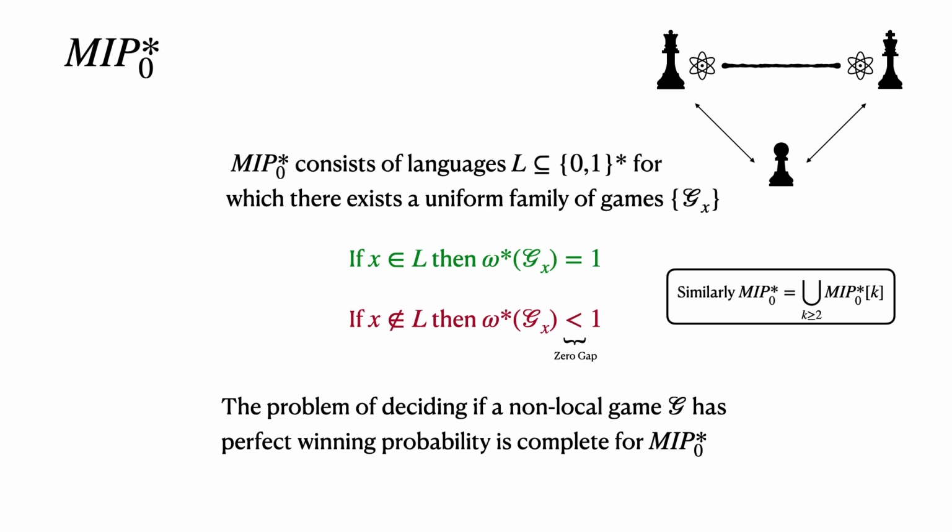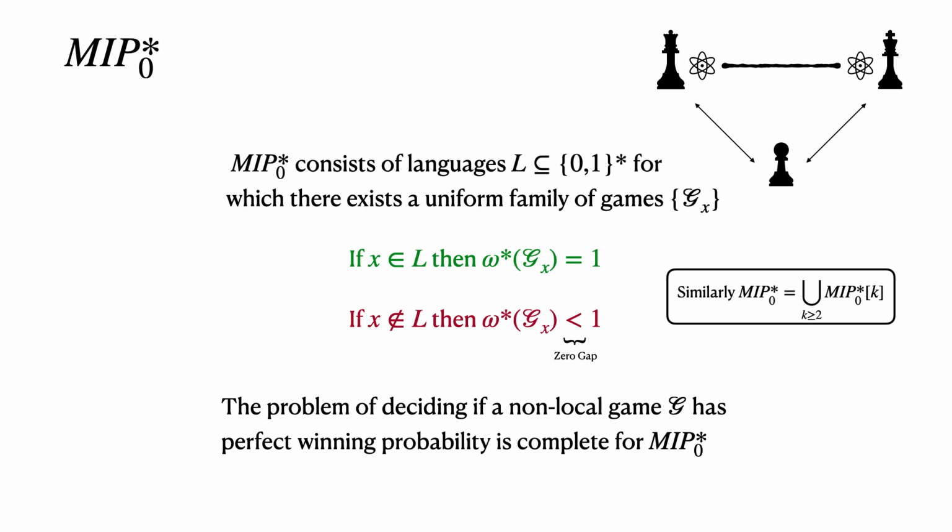The zero-gap variant of MIP star is exactly the same, except that the soundness requirement is relaxed. So here, soundness requires that if x is not in the language, then the value of the game must be less than 1. But this value could be arbitrarily close to 1.